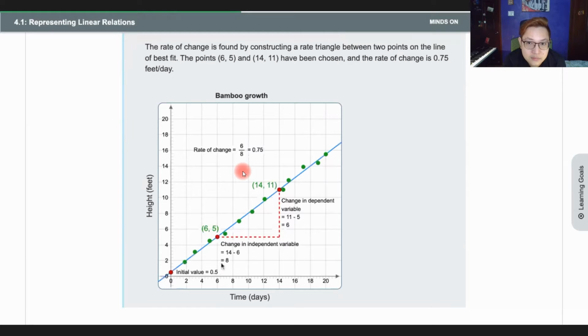So the initial value starts somewhere here, and then it's moving 0.75 a day. So for 8 days, it changes from 6 to 14.